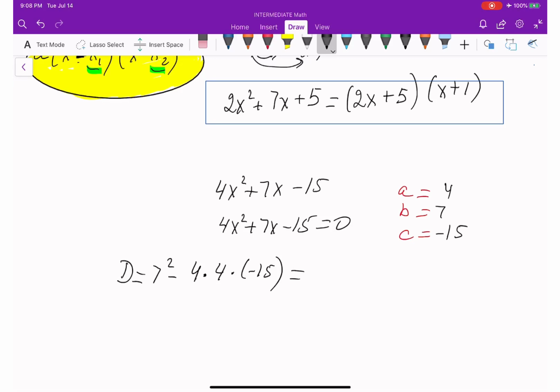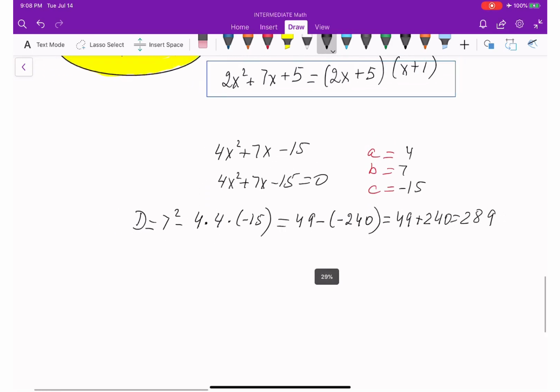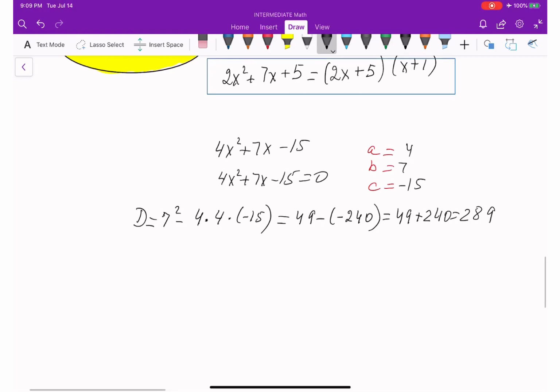So that is equal 49 minus negative 240. So that is equal 49 plus 240, and it's equal 289. All right. Now let's write down your x1 and 2. x1 and 2 is equal negative b.